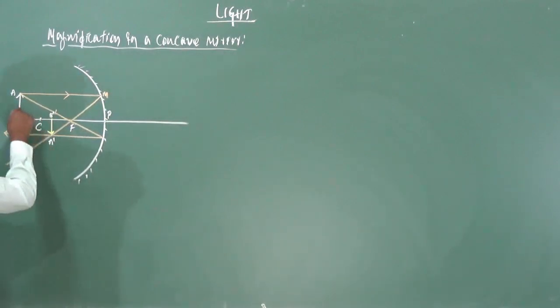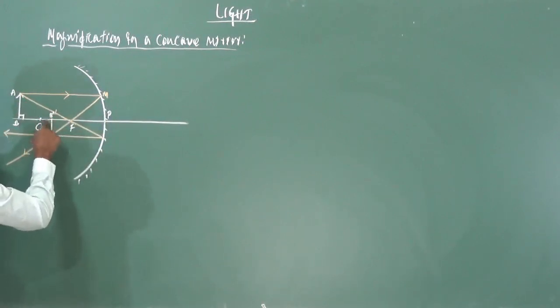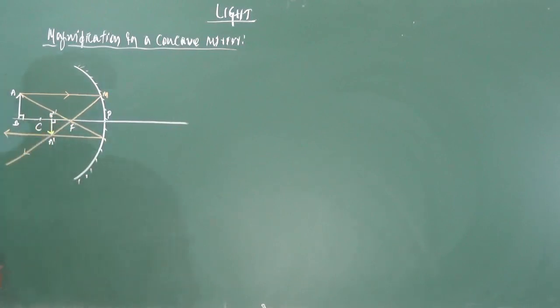Okay. Now the object is placed perpendicular to the principal axis, and the image is also formed perpendicular to the principal axis. So this will be equal to 90 degrees.